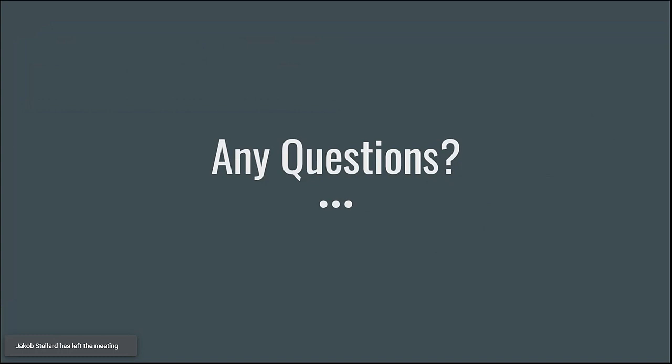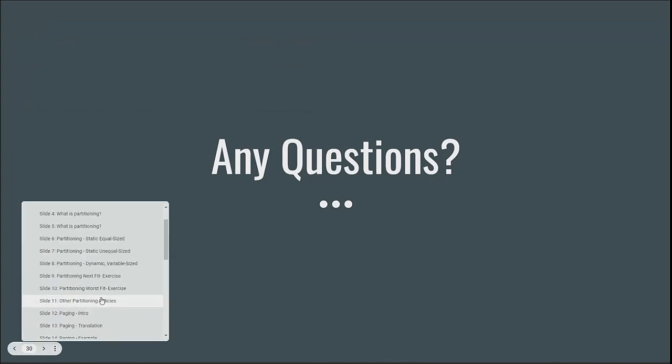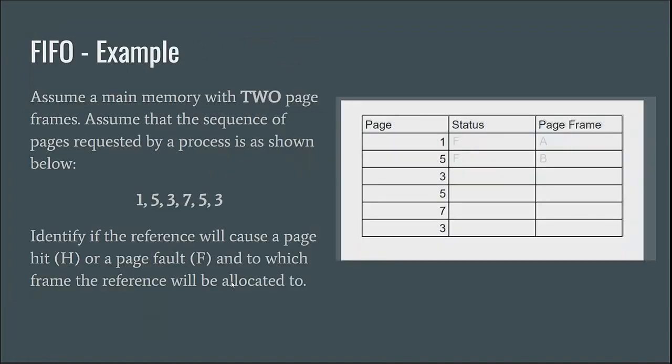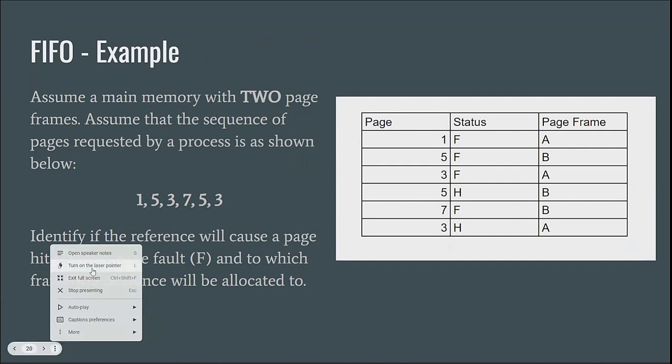So we had to look if the page itself is in one of the page frames that we've allocated. In our example, we had page frames A and B. If our value, say the number 9, wasn't in either page frame, then that would be a fault. But say 9 was already in page frame A, then that would be a hit. So we had to look at what numbers we stored in each frame at that point. Okay. Got it. Thanks.